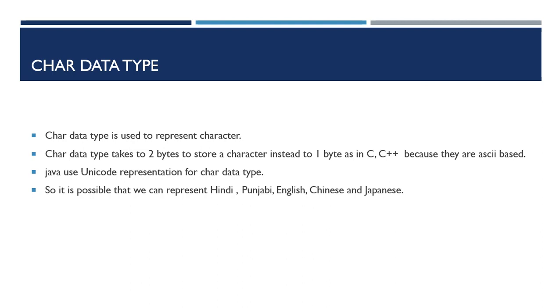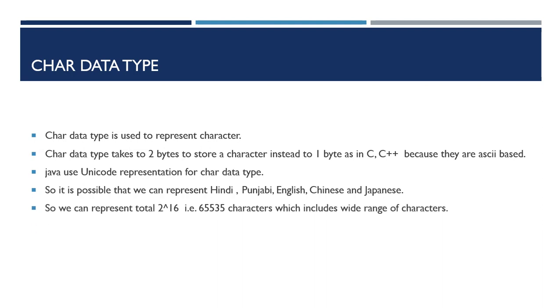So friends, the char data type provides you that capability that you can represent a wide kind of characters in your program. As I said, Java can represent a total of 65,535 characters, which is a wide range. If we compare with C and C++, they are able to represent only 256 characters.